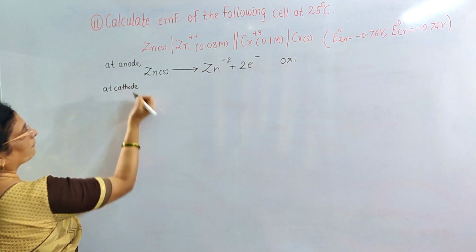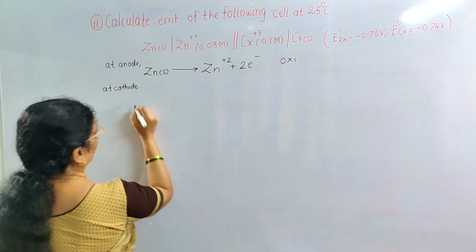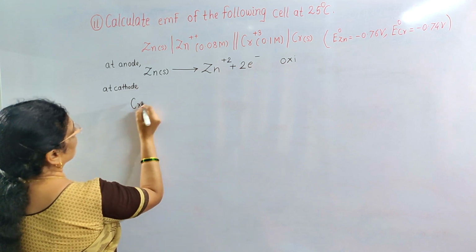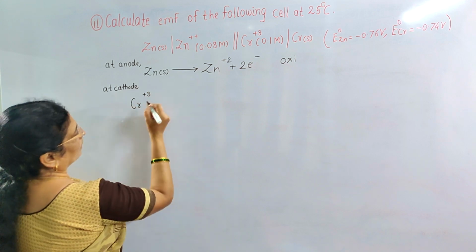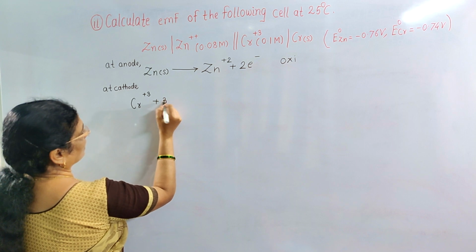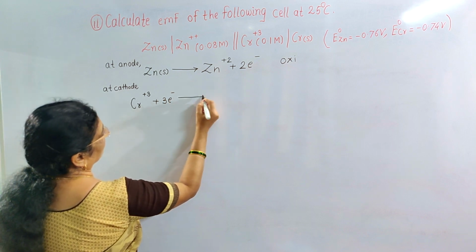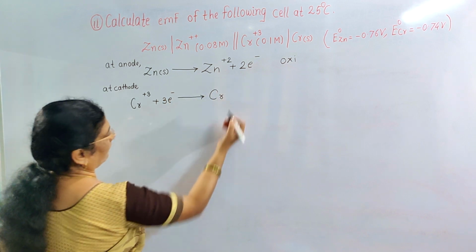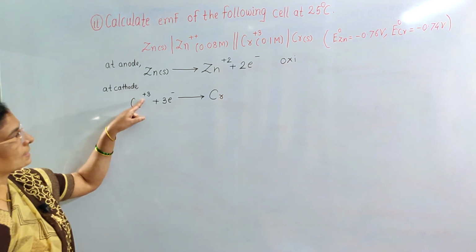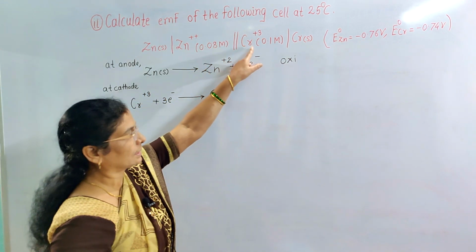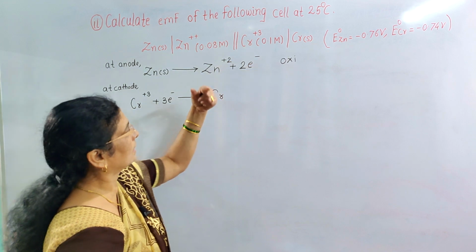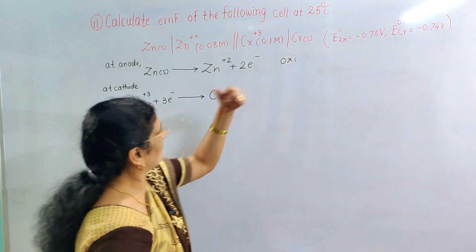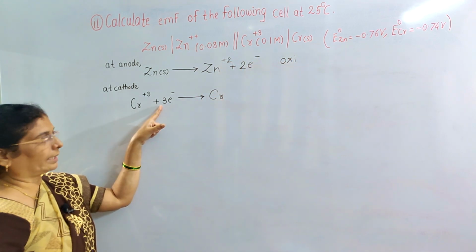Which ions are there? Cr plus 3 ions are there, given directly in this expression. By accepting 3 electrons, Cr plus 3 ions are converted into Cr atoms.